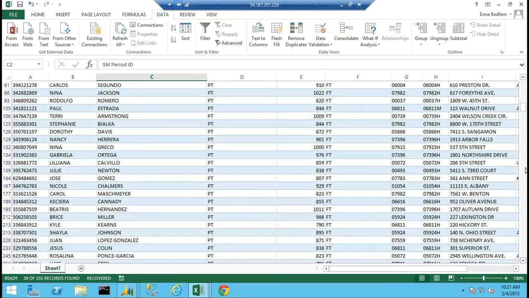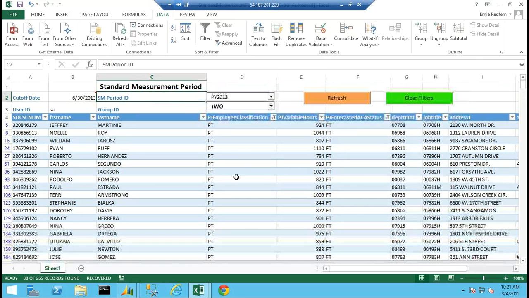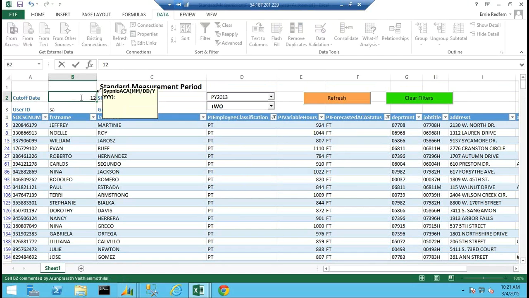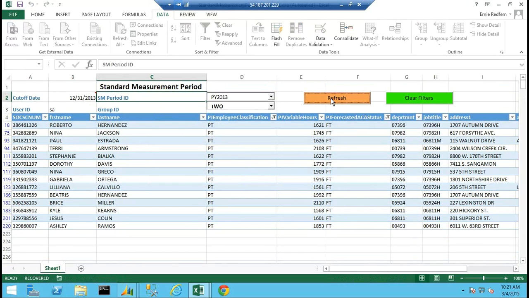So that's this report. If you remember the rules of a standard measurement, they had to have worked during this entire cycle. But what happens if somebody started February the 2nd, 2013? Well, they won't be tested here because they wouldn't have been in there. They will be tested here if they continue to work.